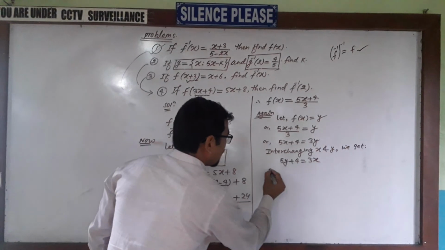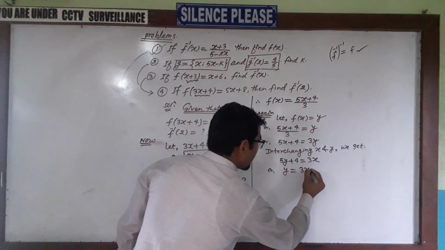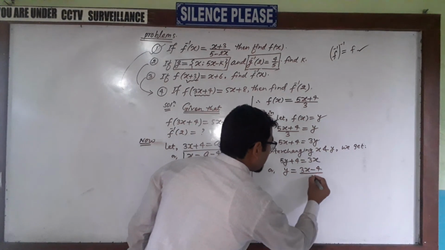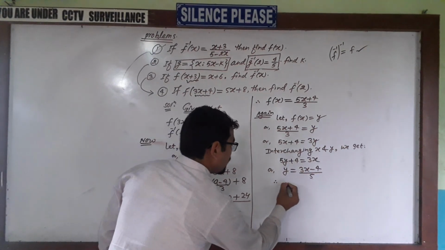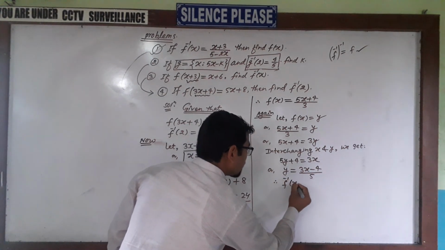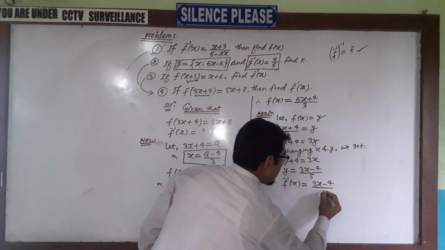So y is equal to (3x minus 4) divided by 5. So this is the y value we are finding. Therefore f inverse of x is equal to (3x minus 4) divided by 5.